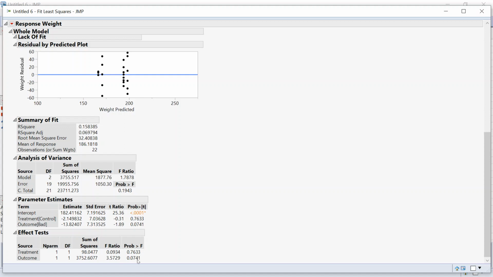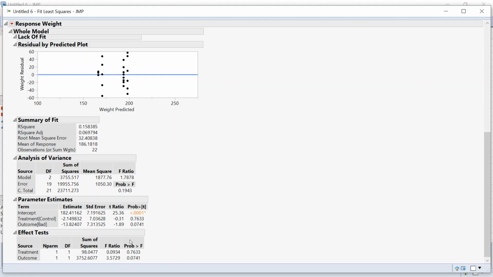And for the effect of outcome, the p-value's above 0.05, so again, it's not significant. We can't reject the null hypothesis that there's no effect of outcome. So what these numbers are telling us is that even adjusting for potential differences in treatments, there's no effect of outcome. Or we could also say things the other way, that even adjusting for differences in outcome, there's no effect of treatment.